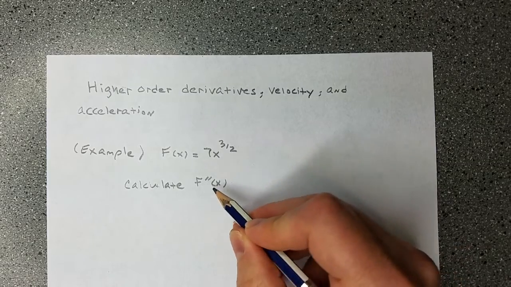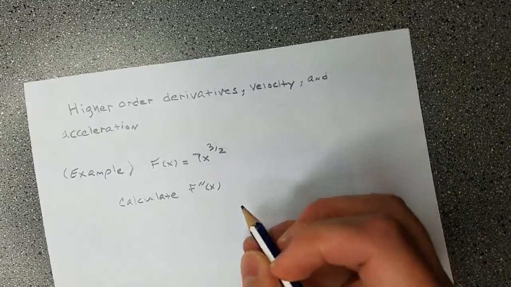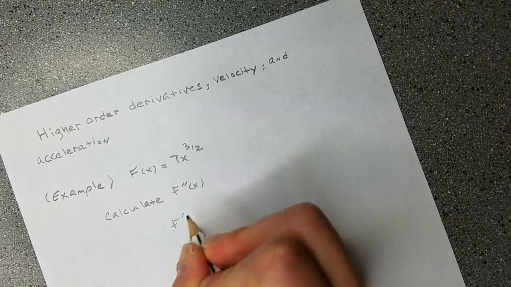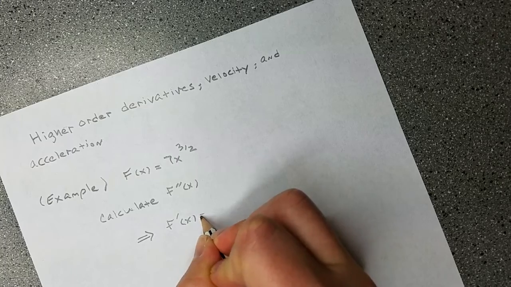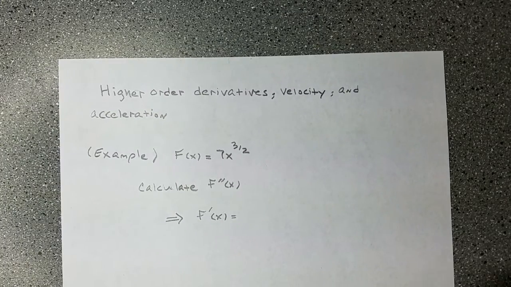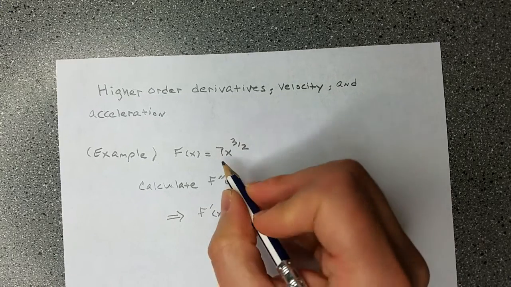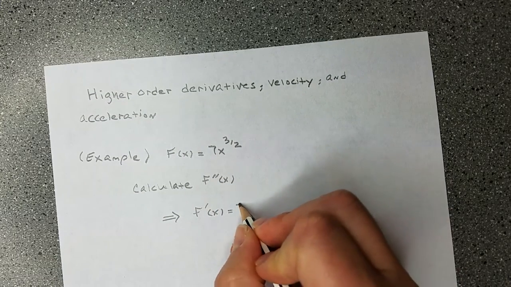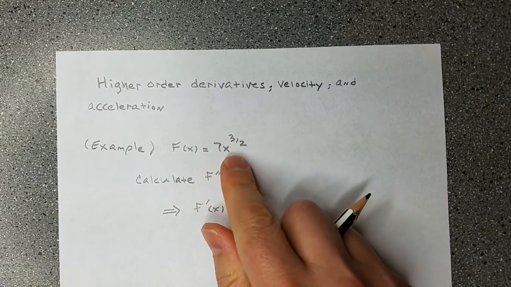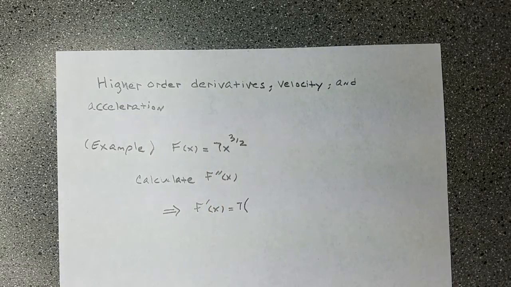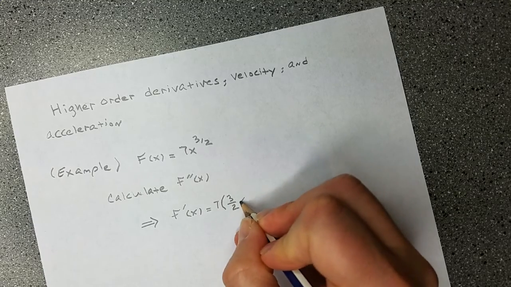If I'm going to find the second derivative of this function, I've got to start by finding the first derivative. So, okay, we'll go and we'll do this first. Find f prime of x. And what do the rules say we do for that? This constant right there, 7, we bring that down, and we multiply it times the derivative of x to the 3 over 2 power, which is 3 over 2 times x.